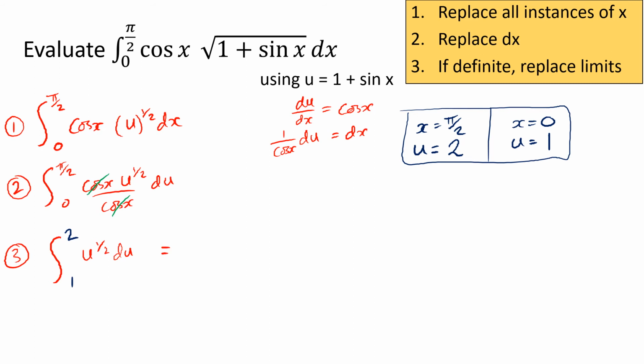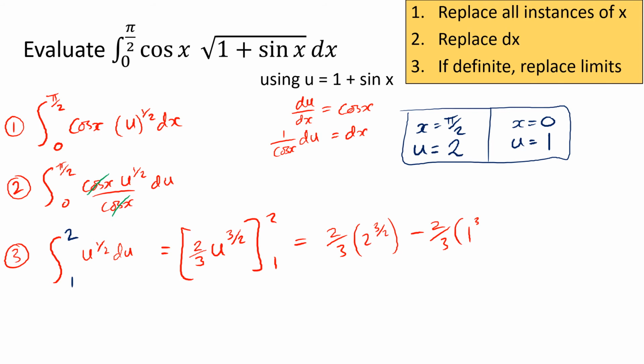We can then integrate this. Integrating this will increase the power and divide by the new power, so we'll end up with 2/3 u to the 3 over 2, no plus c because we've got limits, and we just want to sub in 2 and 1 to this. So let's do that. We'll have 2/3 of 2 to the 3 over 2, take away 2/3 of 1 to the 3 over 2.